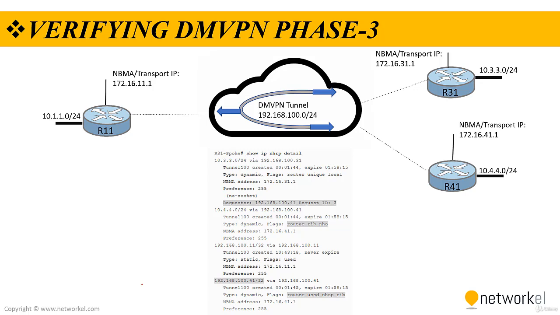NHRP has overridden the other protocol's next hop entry for the network by installing a next hop shortcut in the routing table. The flag rib nhop indicates that the router has an explicit method to reach the tunnel IP address via an NBMA address and has an associated route installed in the routing table.